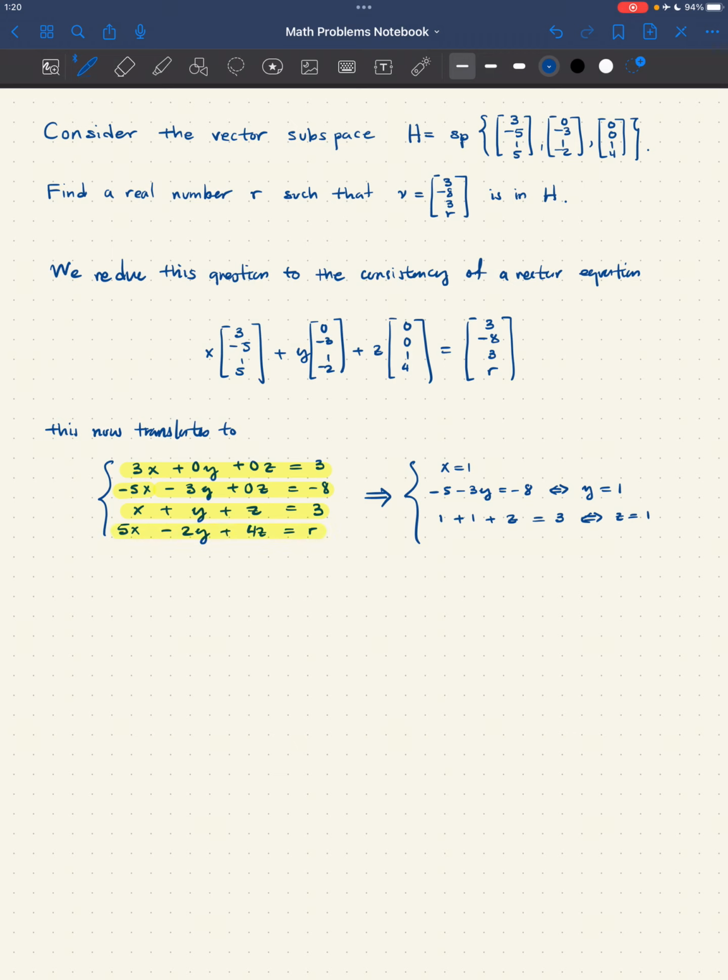But that now becomes the following: 5 times 1 minus 2 times 1, which is y, plus 4 times 1 is equal to r. If we add these quantities, 5 and 4, that is 9, minus 2, that's 7. So r must be 7.